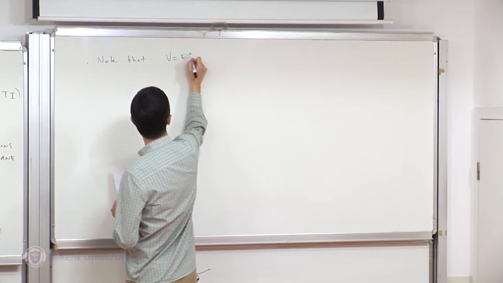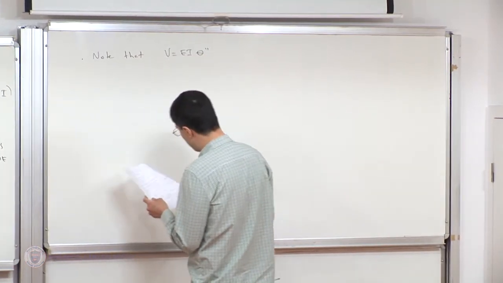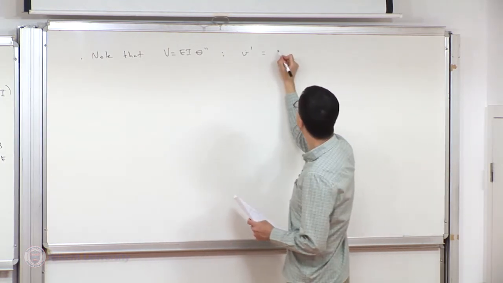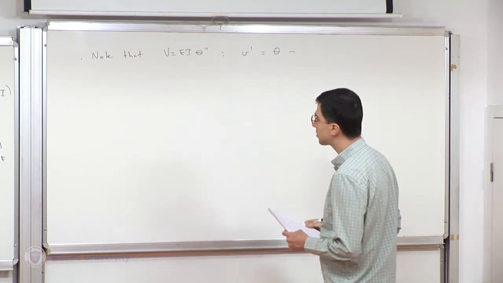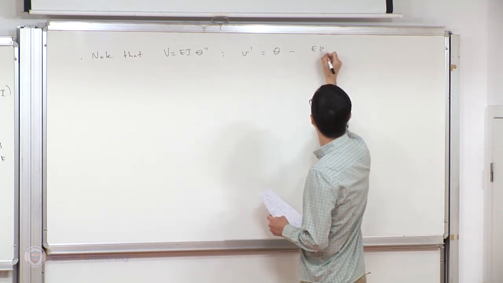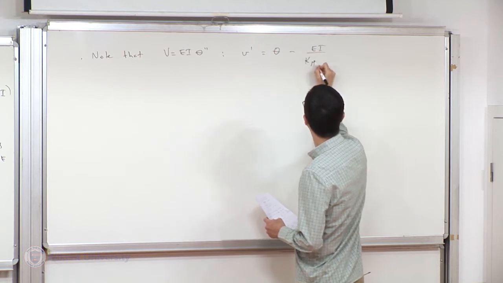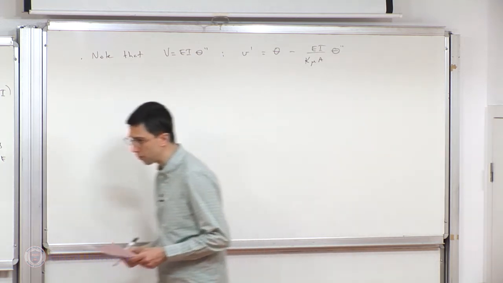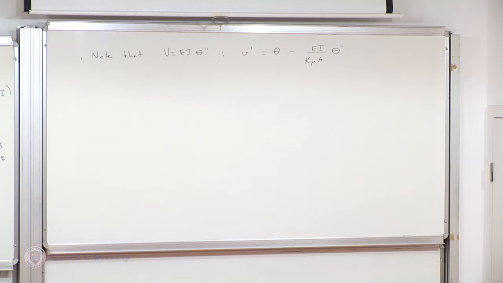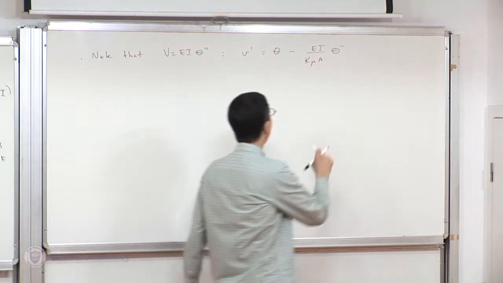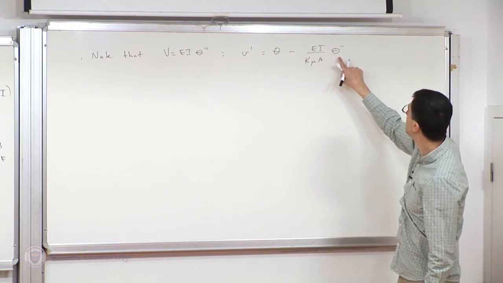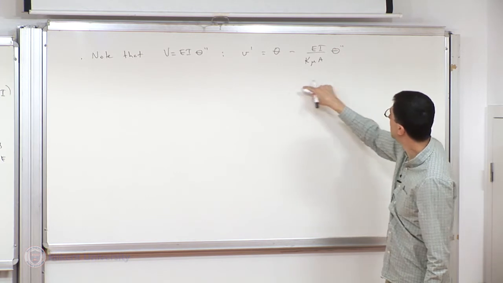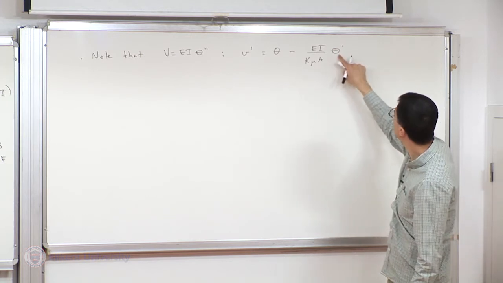So V is equal to EI theta double prime, which means that the derivative of the deflection is theta minus EI over kappa mu cross-sectional area theta double prime. Now, I'm just going to do an order of magnitude analysis. This is the second derivative of the rotation of the cross-section with respect to the horizontal coordinate of the beam.